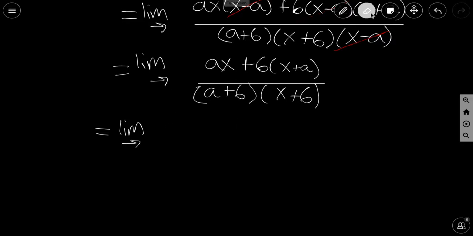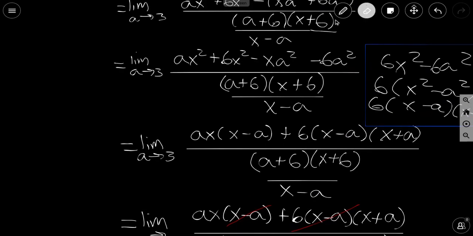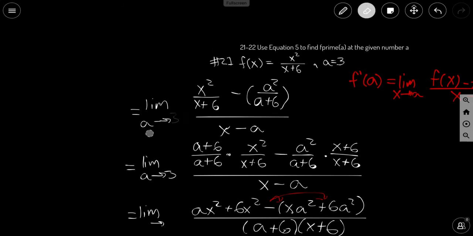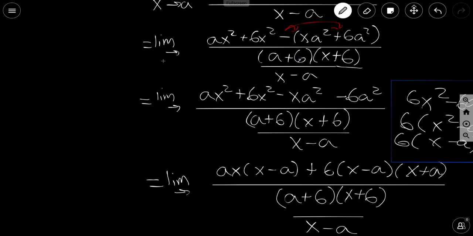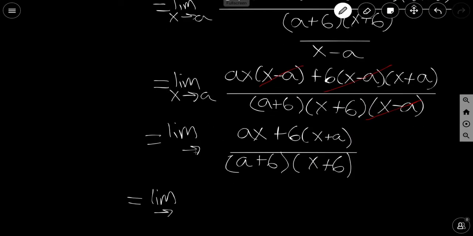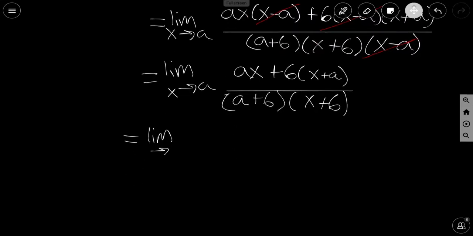Whoops. Okay, and then now we plug in a for x. Makes much more sense.